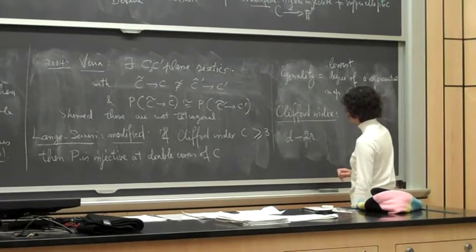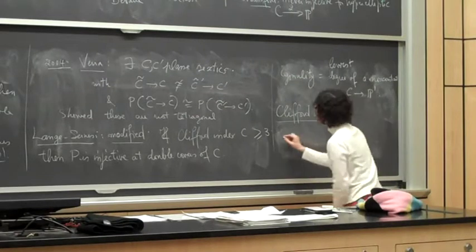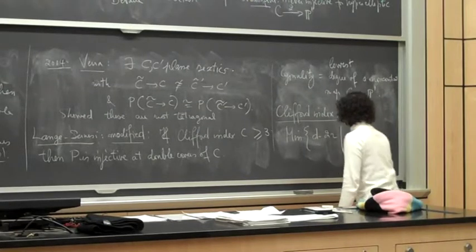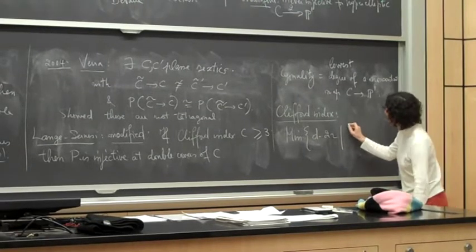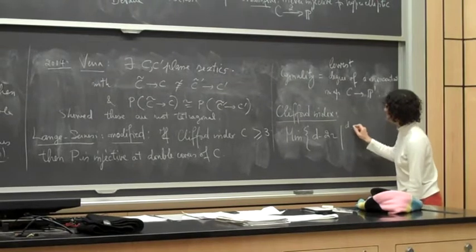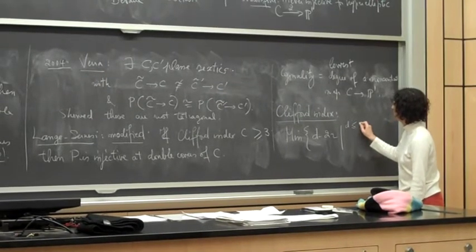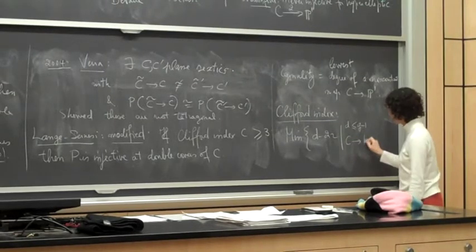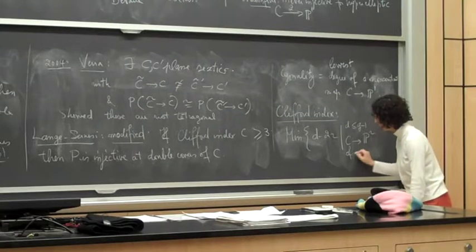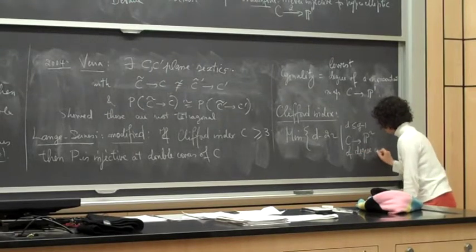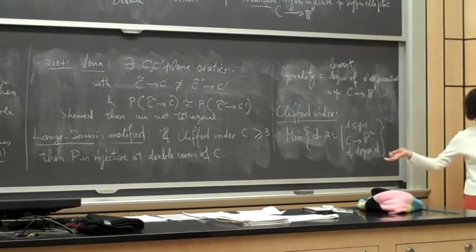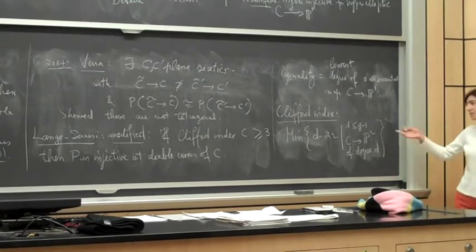So it's the minimum of D minus 2R, where D is, let's say, less than or equal to the genus minus 1, and there's a map from C to P^R of degree D. So instead of just looking at P1, it makes more sense to look at all projective spaces and maps to those projective spaces of small degree.